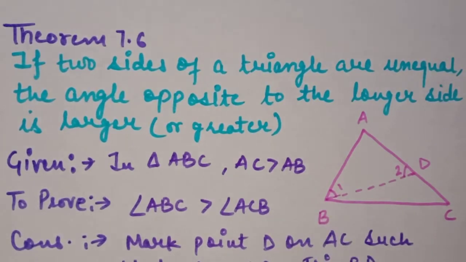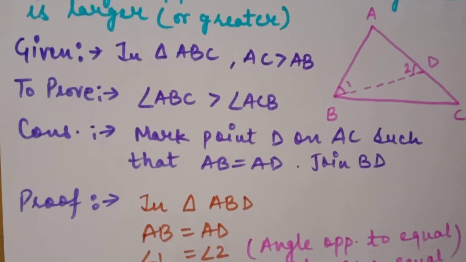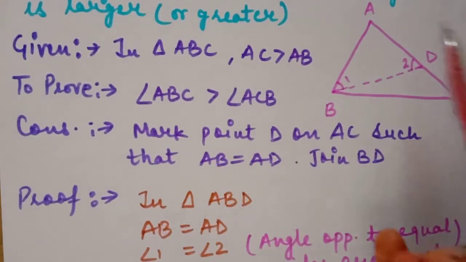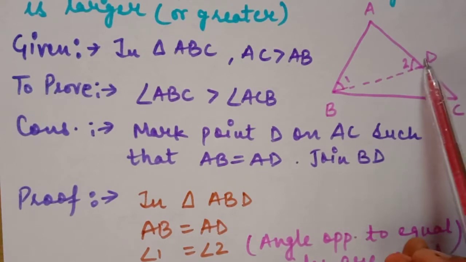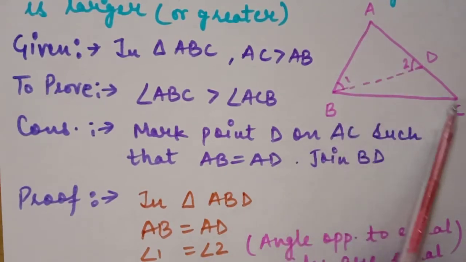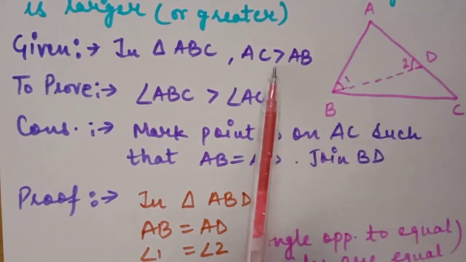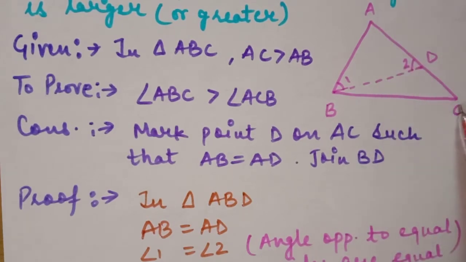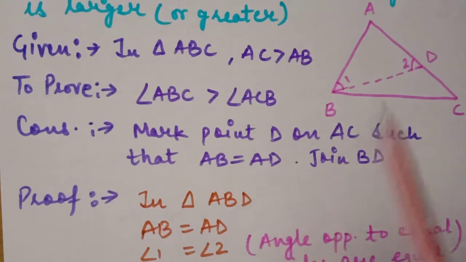For this we will do a construction. Mark a point D on AC such that AB and AD are equal to each other. So students, because we know it very well that AC is greater than AB, we have to convert side AC into another side which is equal to AB.